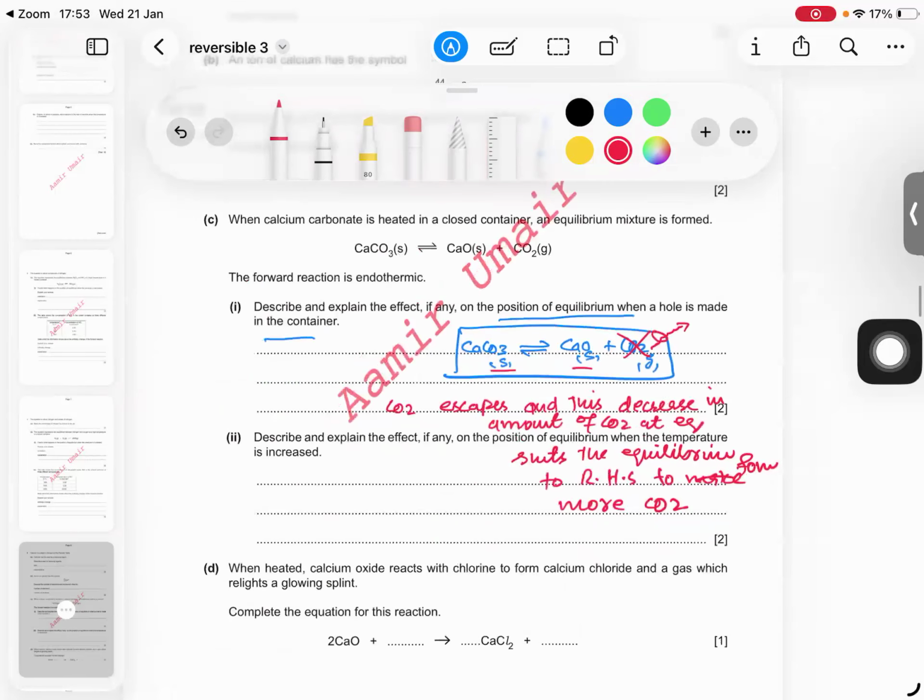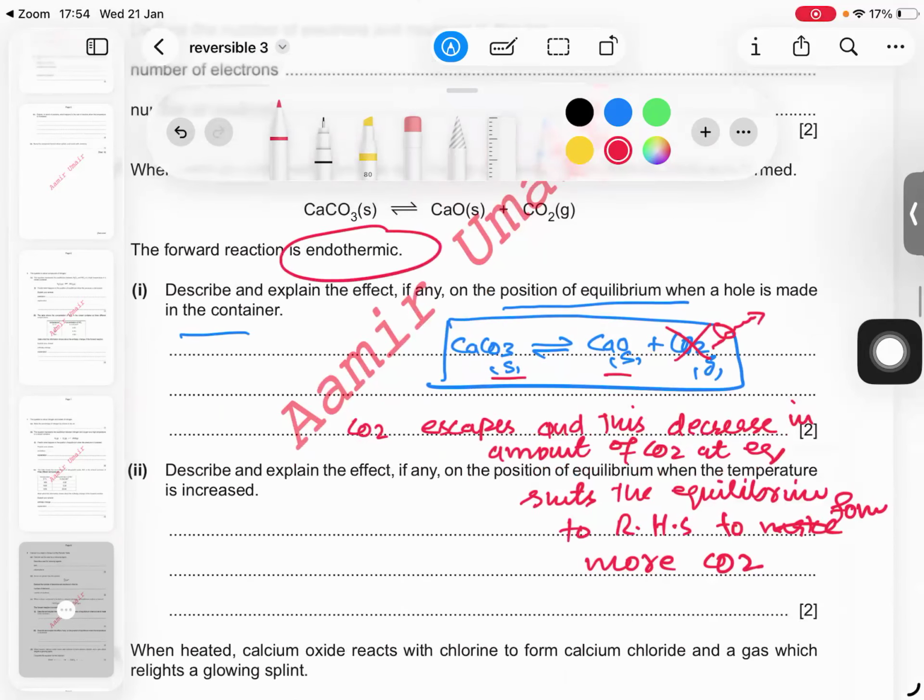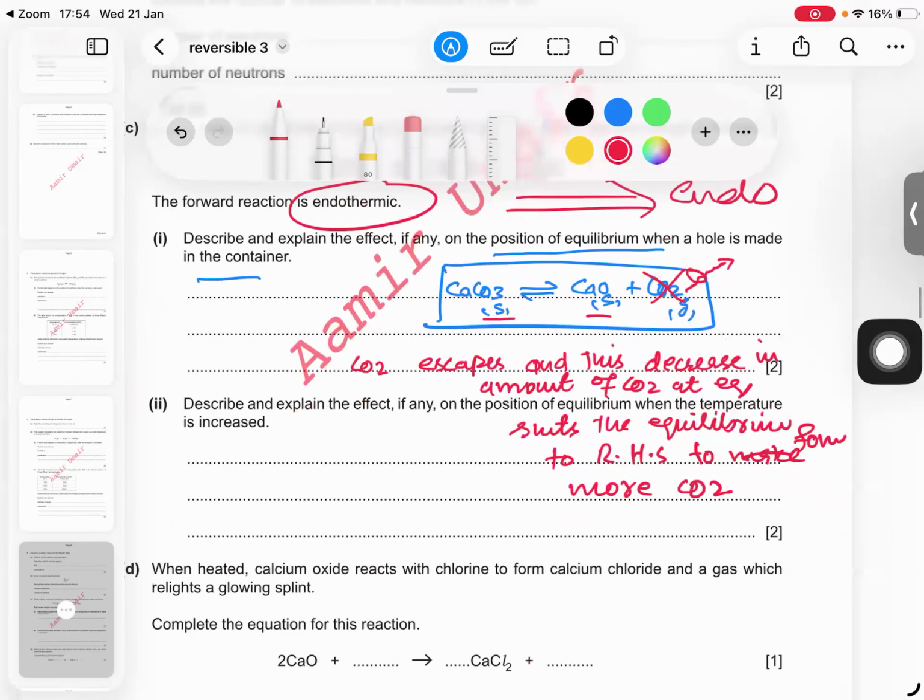Next, describe and explain the effect, if any, on the position of equilibrium when the temperature is increased. Quickly, 20 seconds. The reaction is endo. Why? Yes. So please write down: equilibrium shifts to the right hand side.